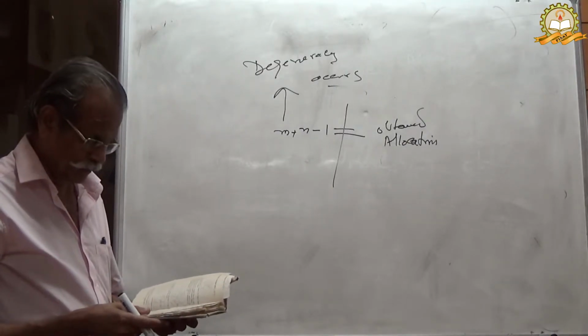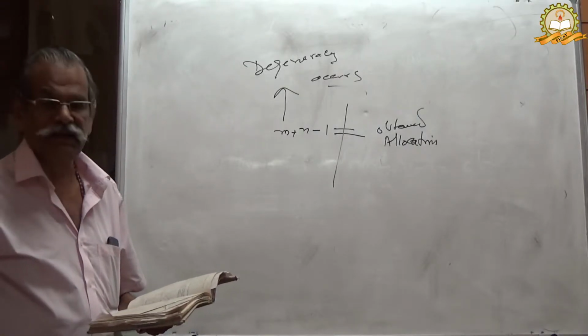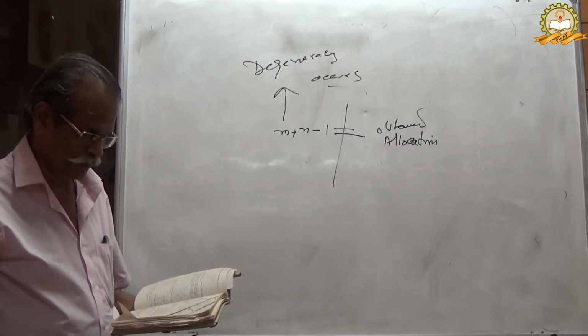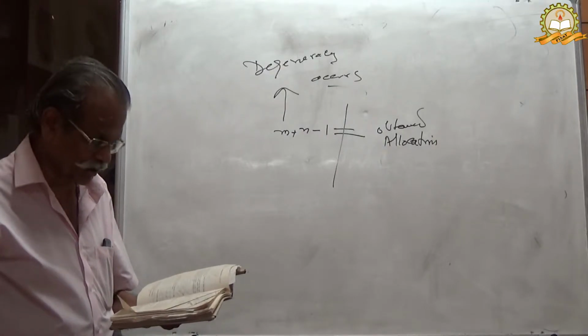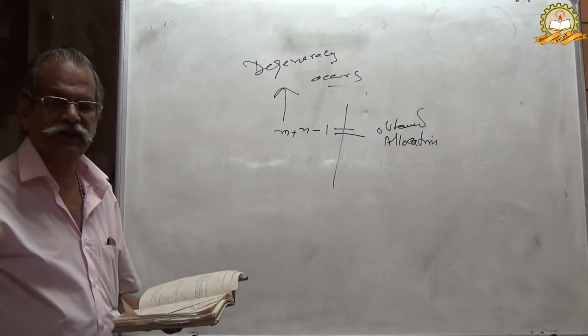Degeneracy can occur in the initial solution, or it may arise during the optimality test.